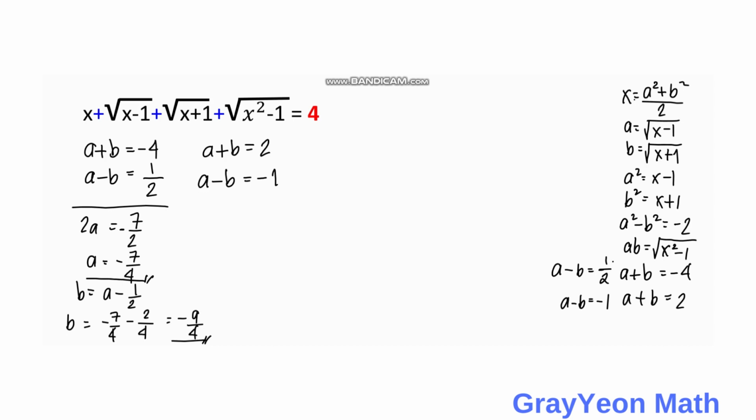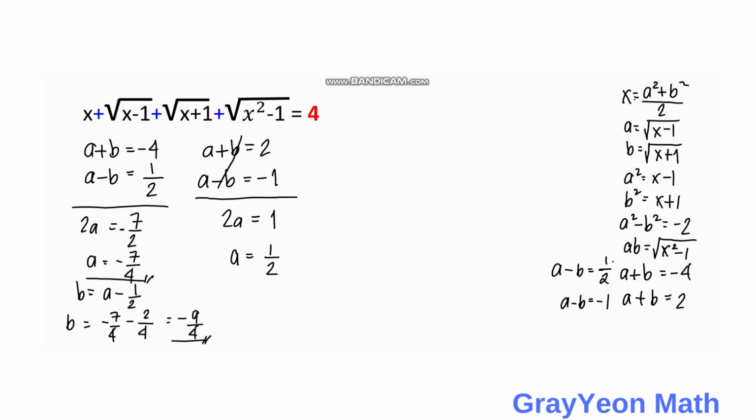So for the next case, we have to solve this next system of equations. Then we have to add these two equations to cancel b. So we have 2a is equal to 2 minus 1, which is 1. So a is equal to 1 half.